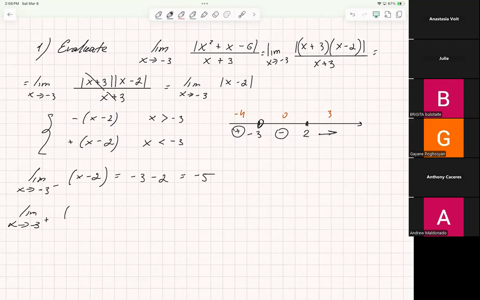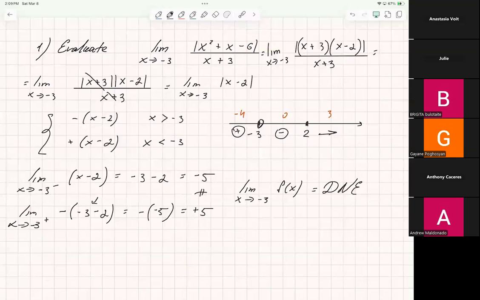So that's -3 minus 2, which is -5, which gives us +5. As you can see, these are not equal, right? So we can say that the limit as x approaches -3 of this f of x does not exist, okay?